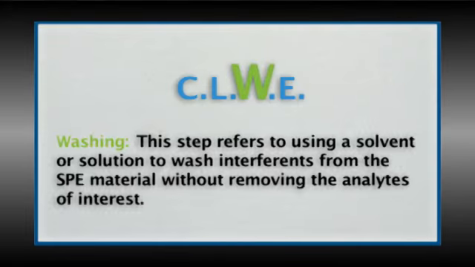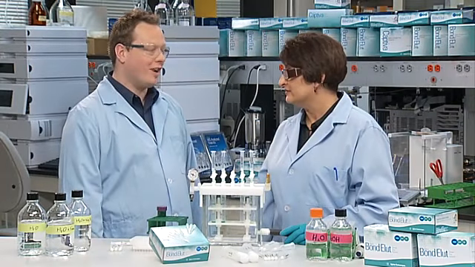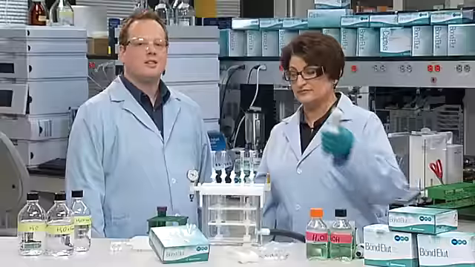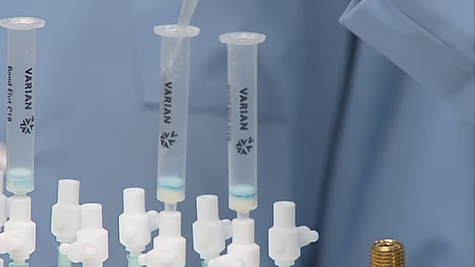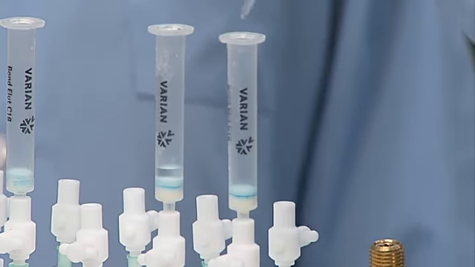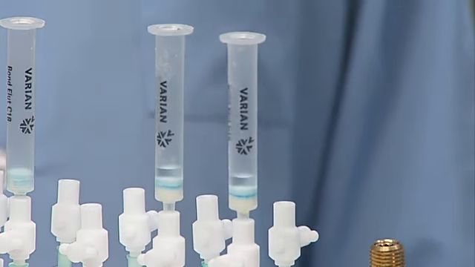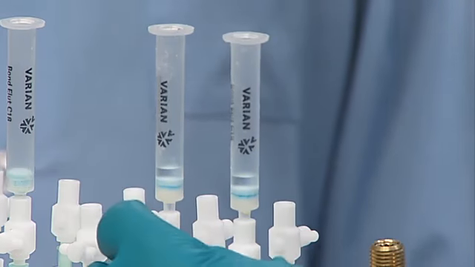Now let's take a look at the W step, washing. This step refers to using a solvent to wash interferences from the material without removing the analytes of interest. We certainly don't want to do that. Right. Many products, such as our polymeric SPE material Plexa, for example, have simple recommended starting methods that offer simple wash parameters.